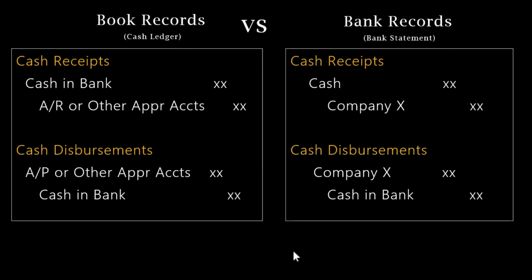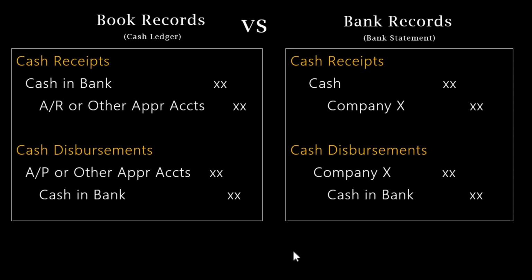Okay, so let's have here. Now, let's try to compare the book records and the bank records. So, you see, if you are implementing the imprest system, if you can still recall, ito yung ginagamit as a form of internal control measure ng entity.